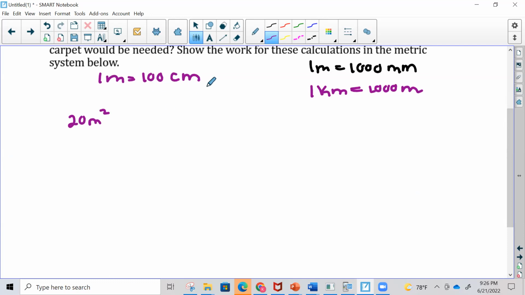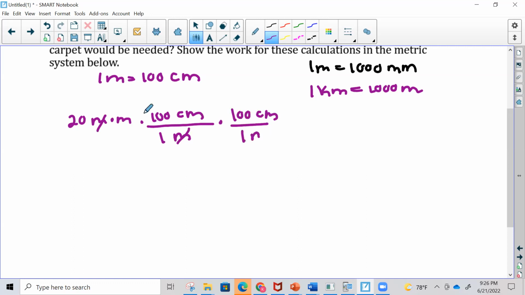To convert to centimeters, I would do 20 meters squared and multiply it by this conversion factor twice. So I'm going to rewrite this as meters times meters, and make sure this is times, not millimeters. It's easy to mix that up. I would do 100 centimeters on the top and 1 meter on the bottom to cancel the first one, and then write it again to cancel the second.